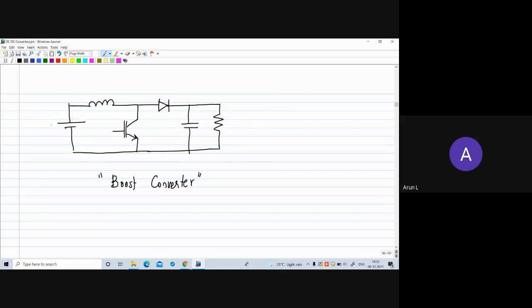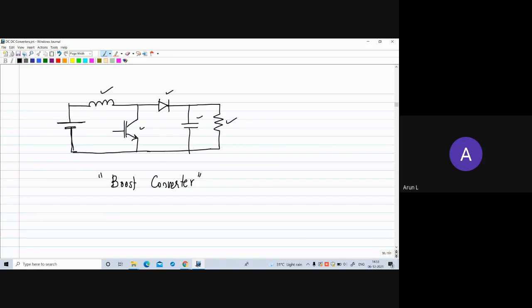If you flip the circuit from left to right, you will get this. So this is the boost converter circuit. You have a voltage source on the left hand, and there is an inductance, and you have a switch S1, and there is a diode, and you have an output section consisting of a load resistance and a filter.